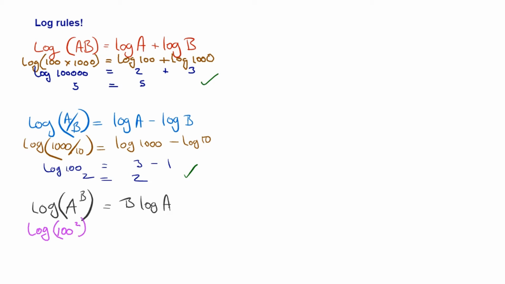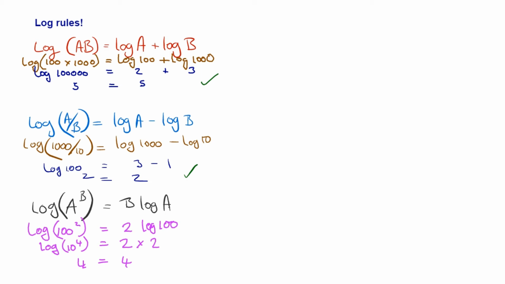So A is 100 and B is 2. If this rule is correct, then that should be equal to 2 times the log of 100. Well, 100 squared is 10 to the 4. So what I've got on the left-hand side is really the log of 10,000, which is 10 to the 4. On the right-hand side, I've got 2 times the log of 100, and we know the log of 100 is 2. Of course, the log of 10 to the 4 is what we have to raise 10 to get 10 to the 4, which is 4, and 4 equals 4.